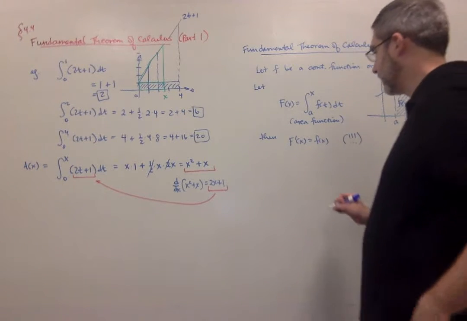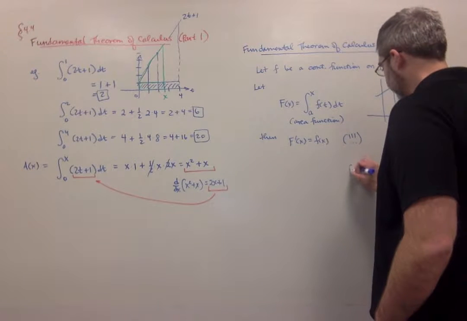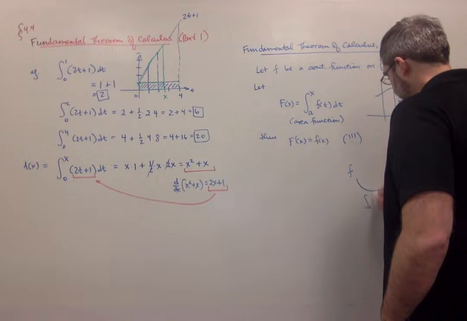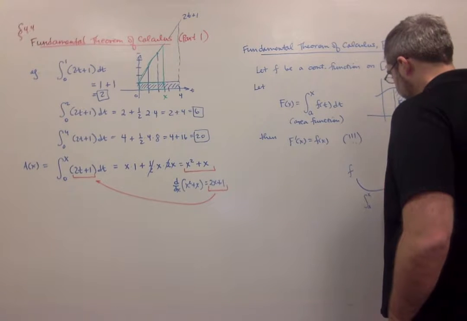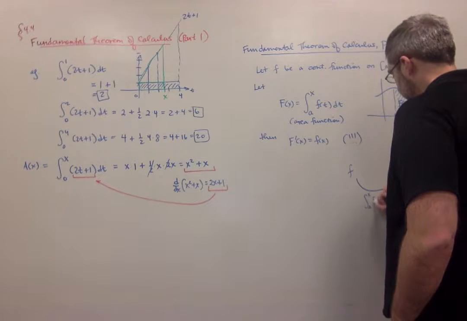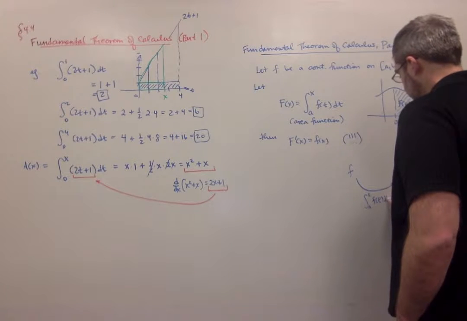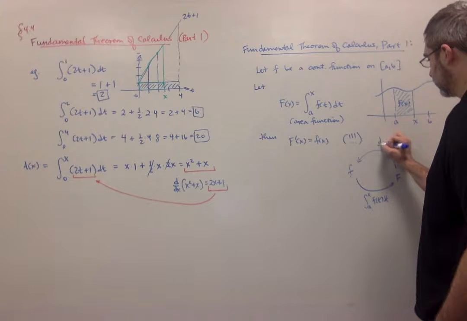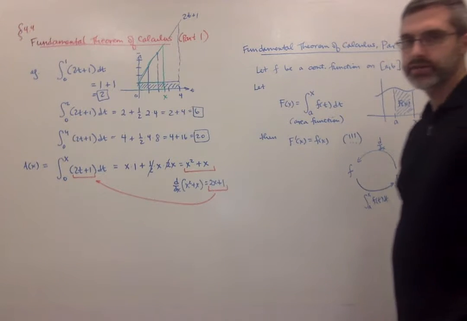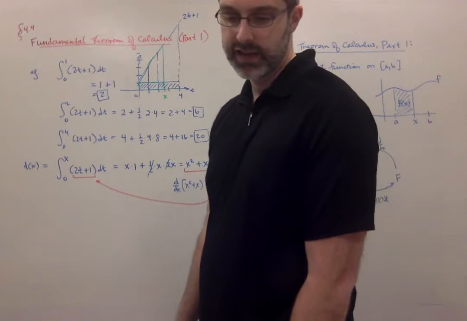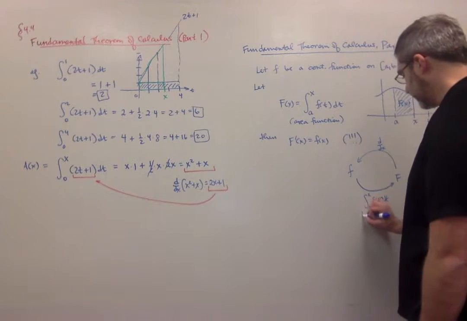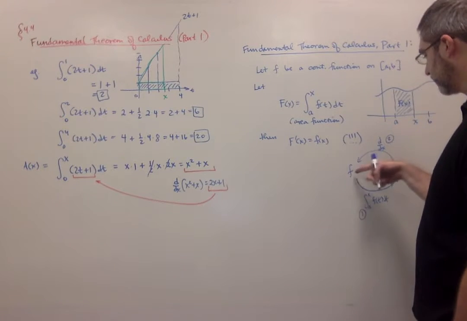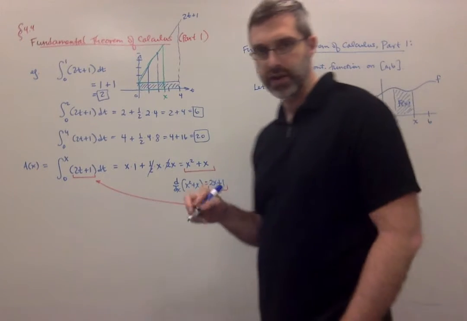What that tells you is if I take a function and I get an area, and I take its area to get another function, and when I differentiate, I get back to the original function again. So if I do this step 1 and this step 2, this is telling you that differentiation undoes integration.